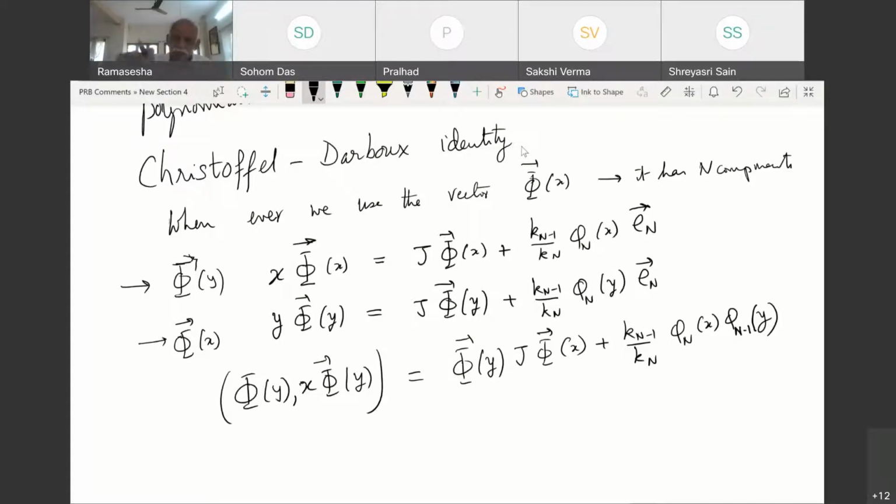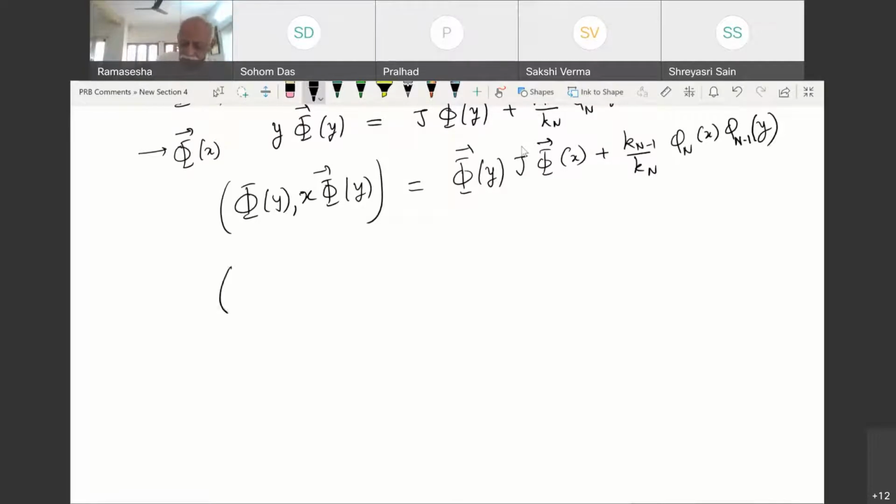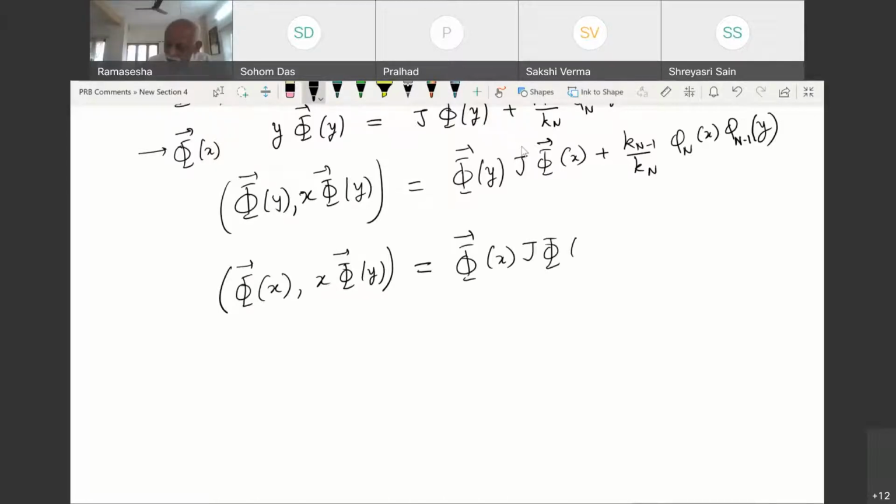And similarly, if I take the other one, is equal to... Sir, in the previous equation, on the right hand side, capital phi of y times J times capital phi of x, should be capital phi of y.